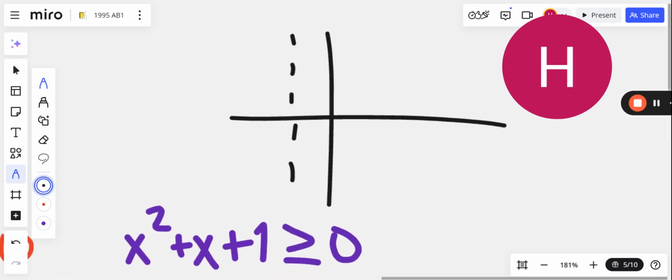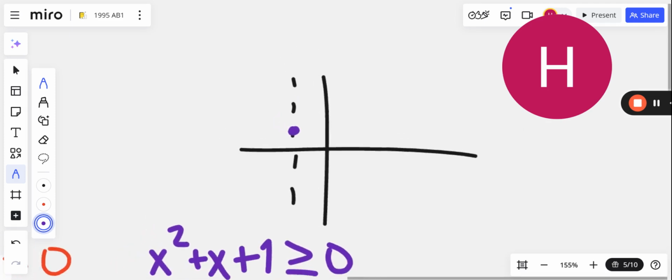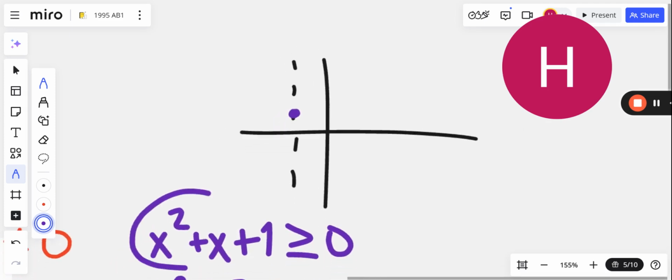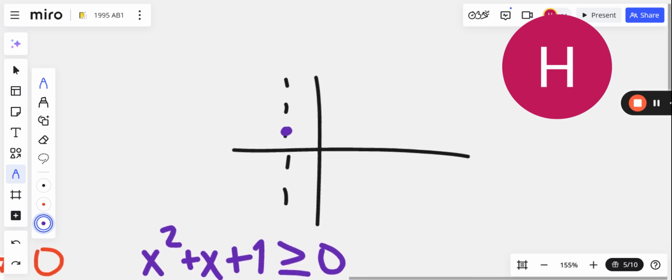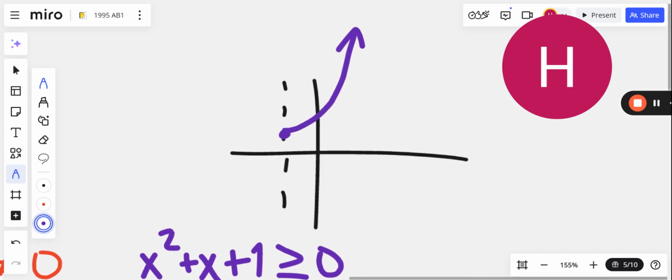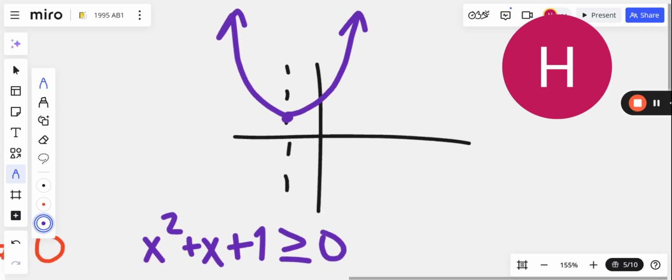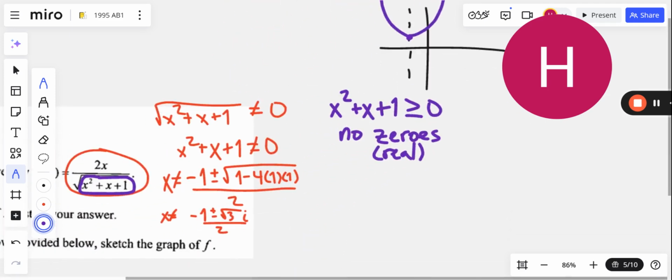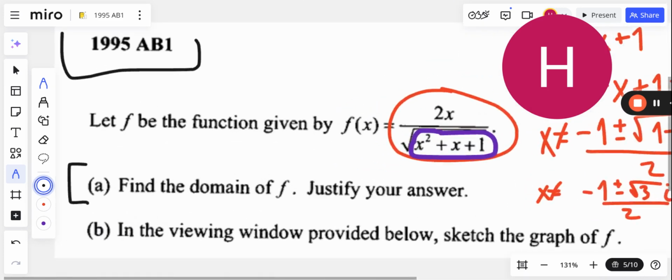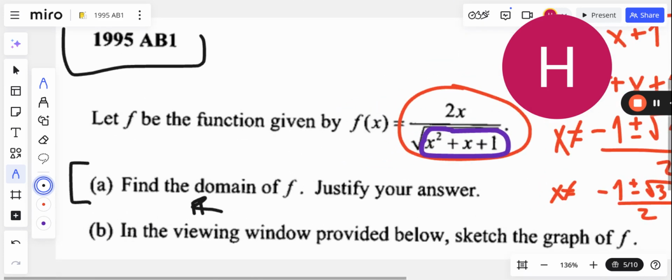You get positive 1/2, which means the vertex of this parabola, and therefore the minimum of this expression, which is a quadratic expression, is 1/2. And it's always positive. So we don't have any restrictions. The domain is all real numbers. Or if you'd like to put it from negative infinity to infinity, that's fine as well.